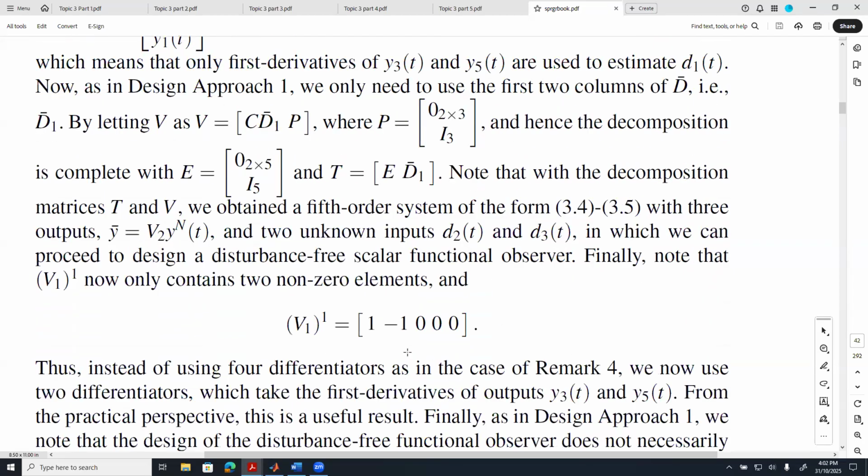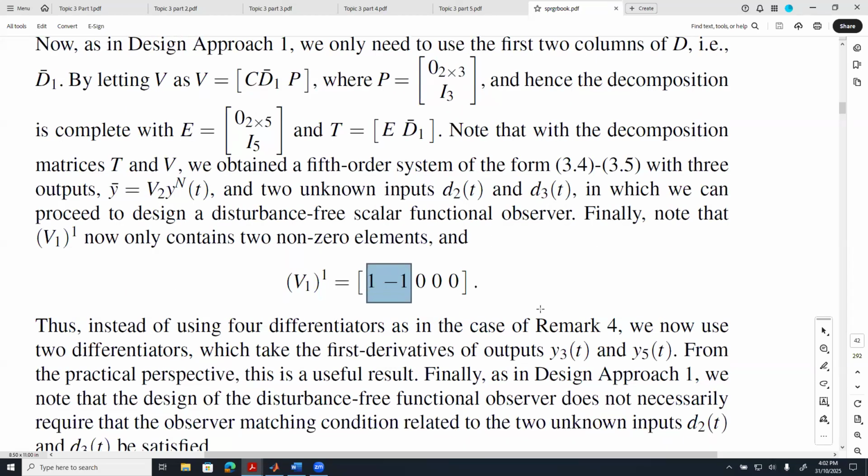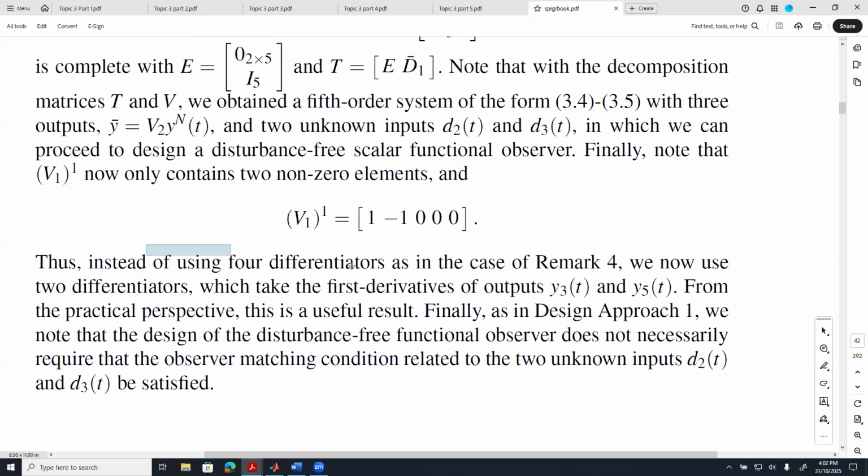And when we actually do it, we will get this matrix corresponding to the first unknown input. Sorry, it will basically require two output differentiators. So instead of using 4 differentiators, we now only need to use 2.